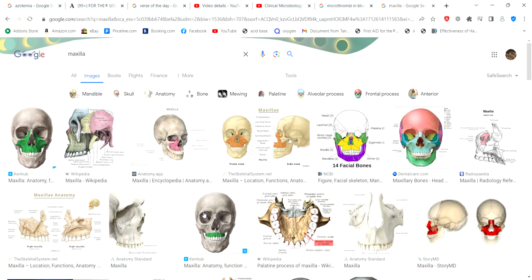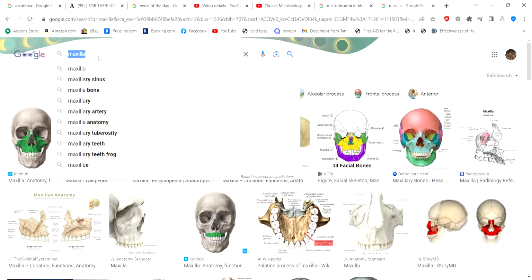So this part will be short, like there'll be less distance in the maxilla region in congenital syphilis.